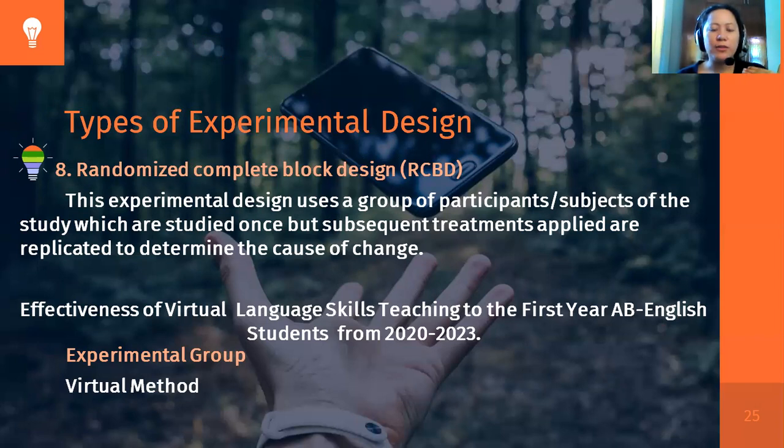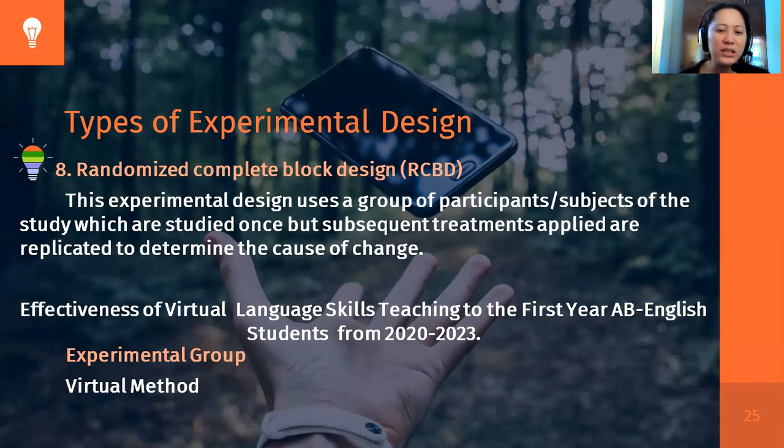So it will be conducted in a longer period of time, of course, because you need to determine, for example, for a virtual method, the performance of the students or the respondents in this semester, and in the next semester, the same method, virtual, is there an improvement, or is the result still the same?